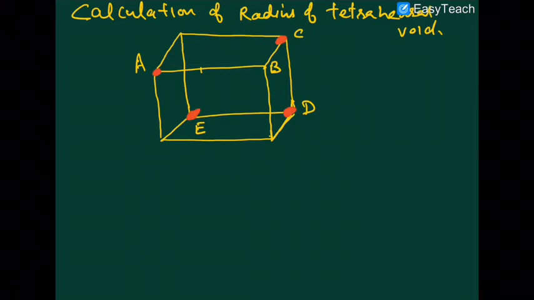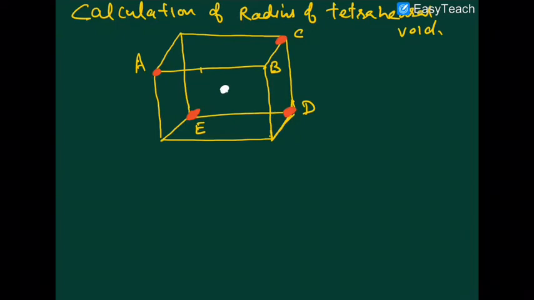Note that a stable tetrahedral arrangement has the 4 spheres at the centers touching each other. But in this case, they are shown apart. Actually, they are touching. Now you can draw the tetrahedral void.